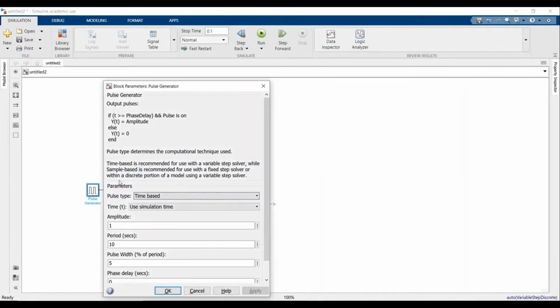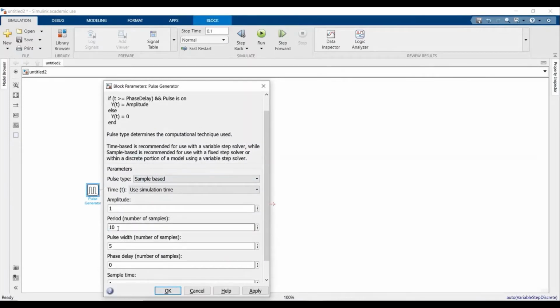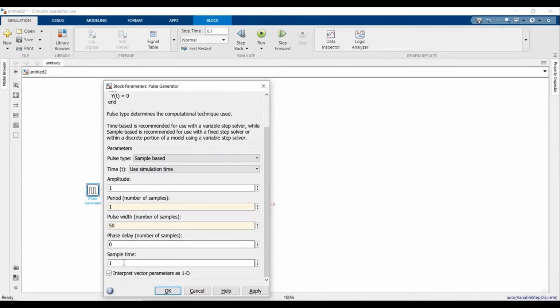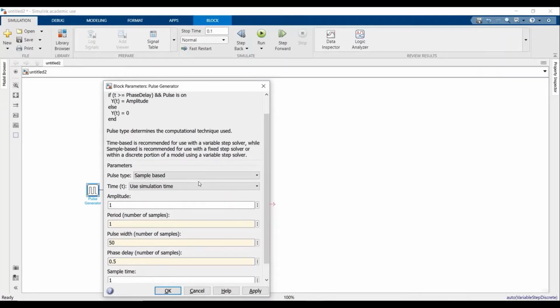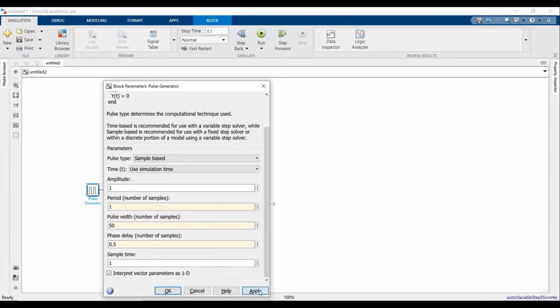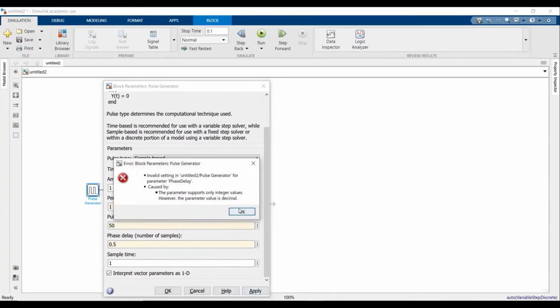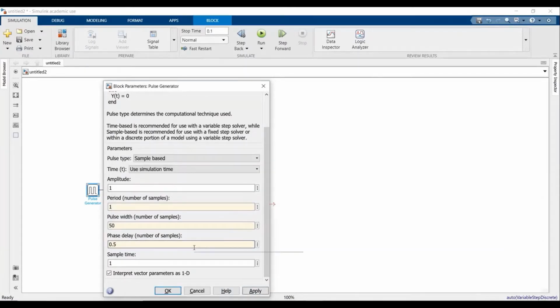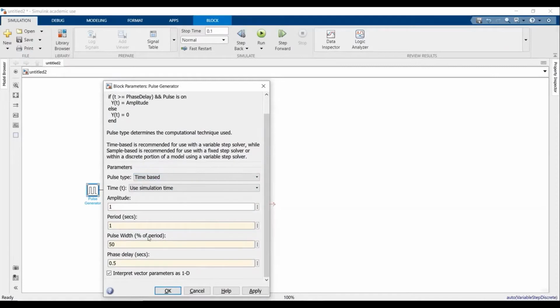Okay, I can configure it: 1 second period, pulse width 50%, and then delay, let's say 0.5. It's time-based.